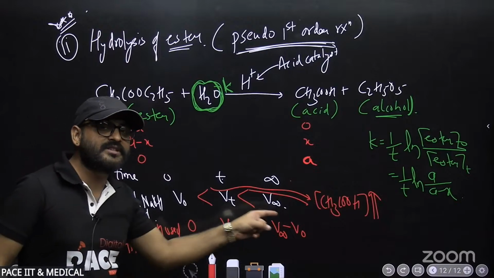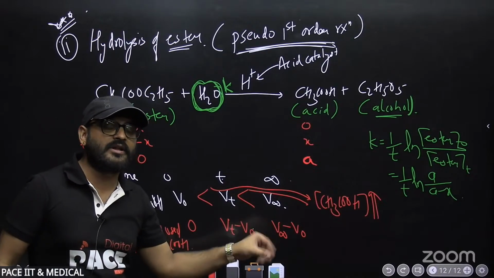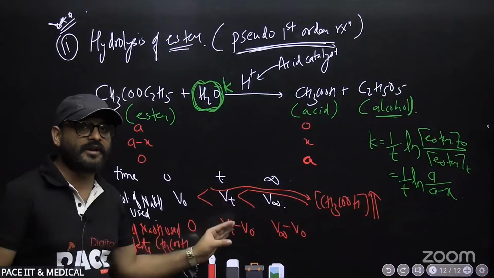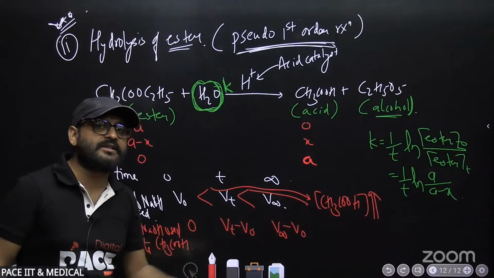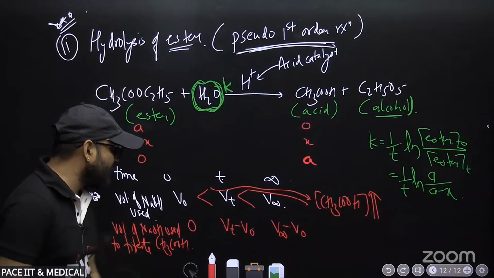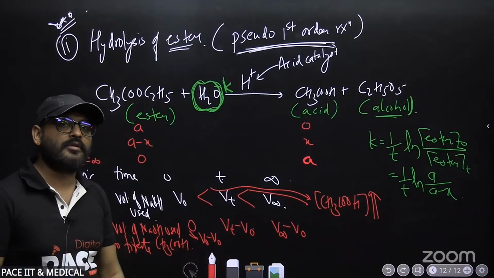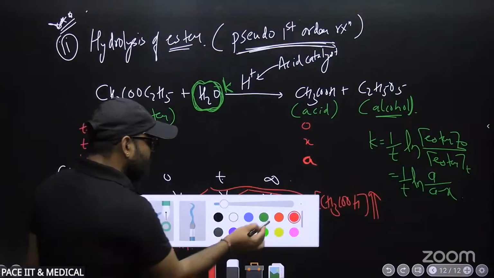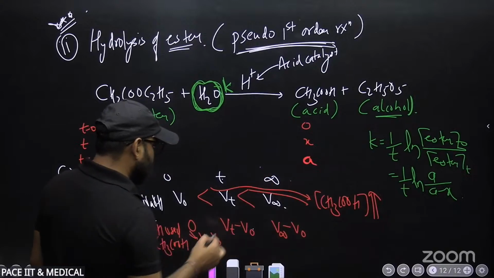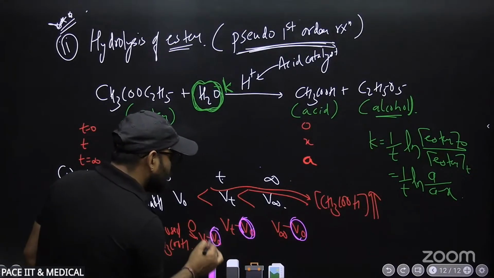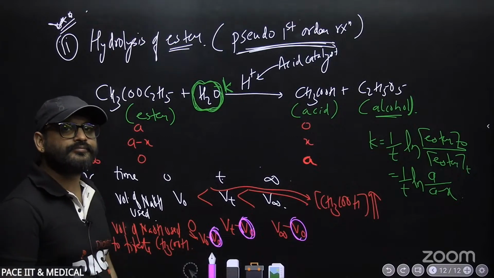This volume is available for CH3COOH titration. Or we can say that this volume of NaOH is being used to titrate CH3COOH. You can write this 0 as V naught minus V naught, because this constant volume V naught is used to titrate the catalyst.